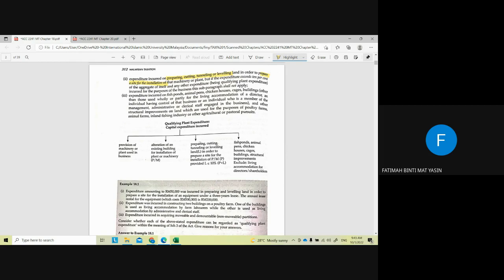For example, let's say the company purchases a crane. In order to install the crane, let's say they need to do something at their land. That is the expenditure incurred. If the expenditure incurred is more than 10%, then they cannot consider that expense as part of the QPE.